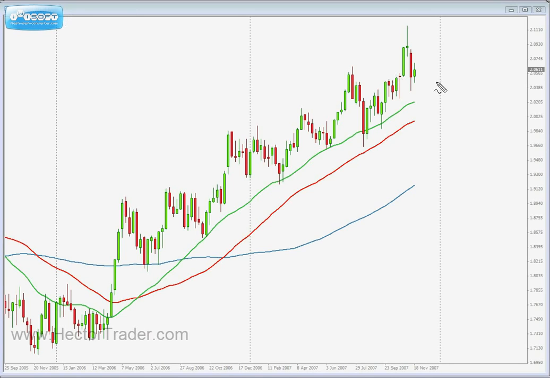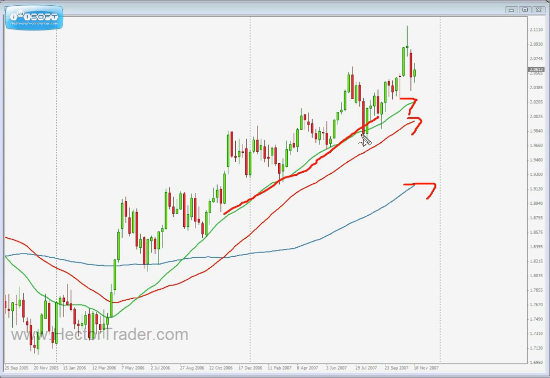All right. Now let's analyze this chart. Why not, guys? First of all, how are these moving averages plotting on my chart? Well, first of all, I see they are all in order, aren't they? 30 is above the 50, and the 50 is above the 100. Good. Moreover, I can see that they are all pointing in the same direction.